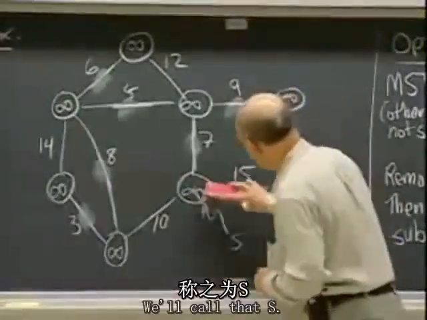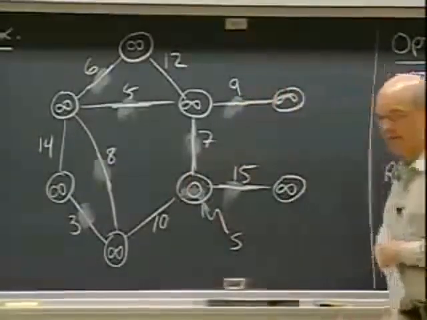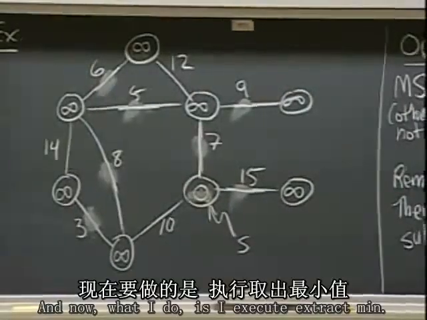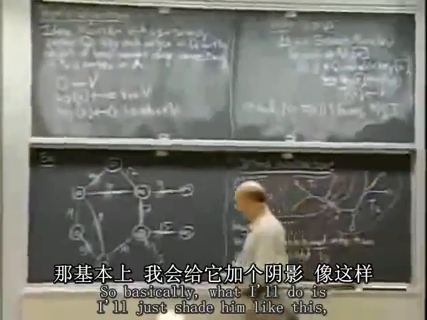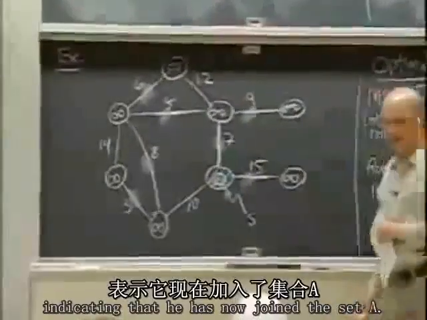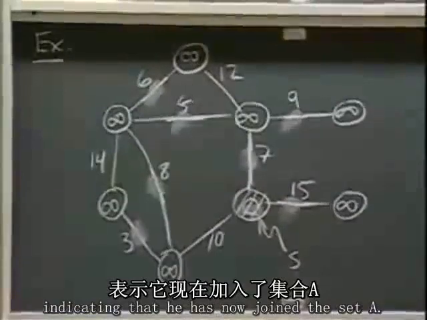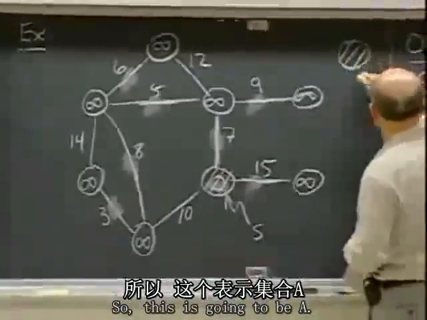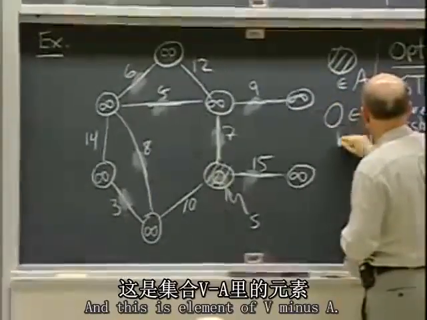We'll call that S. I now make him be 0. Now I execute extract min. I'll just shade him like this, indicating that he has now joined the set A. This is going to be A, and this is an element of V minus A.